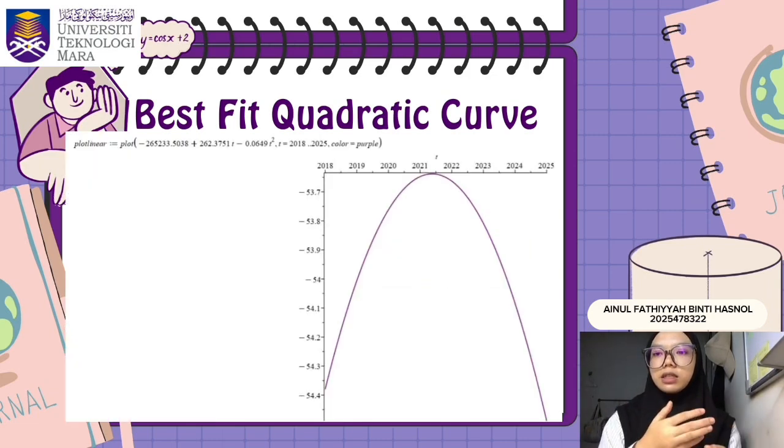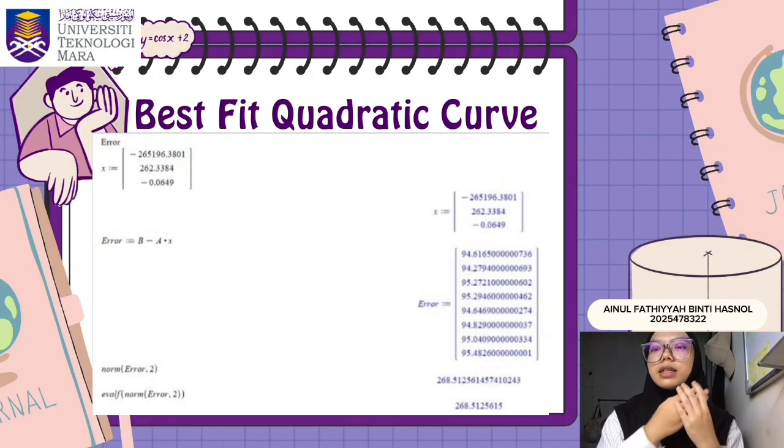We once again generated a graph that shows the whole data, and finally we calculated the error, computing the Euclidean norm of the error vector, and the value obtained is approximately 268.5125615. This value represents the overall difference between the actual data and the values that we calculated.